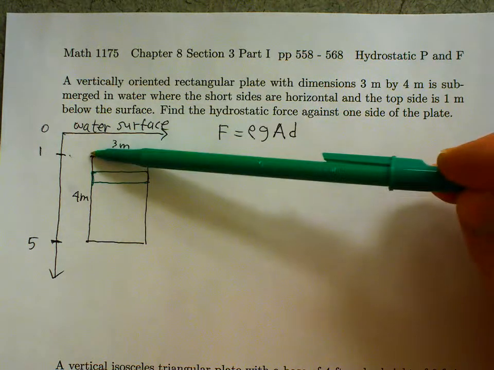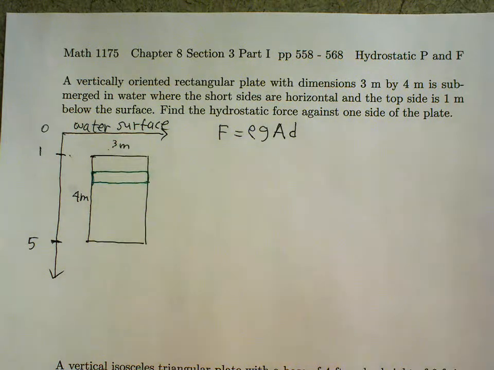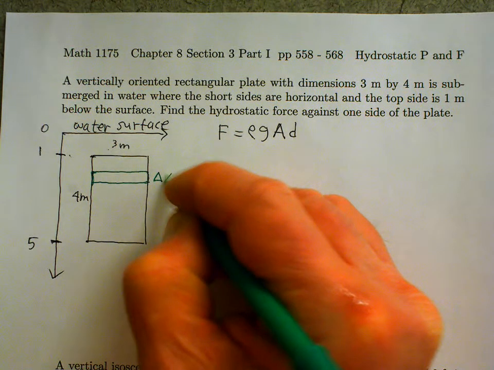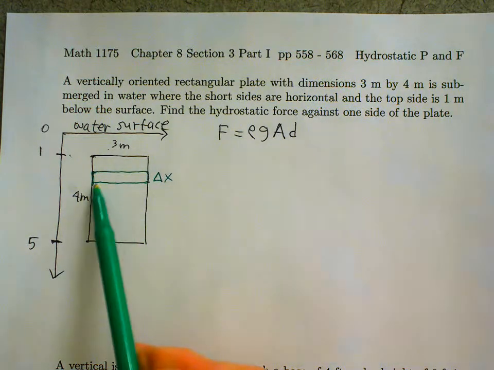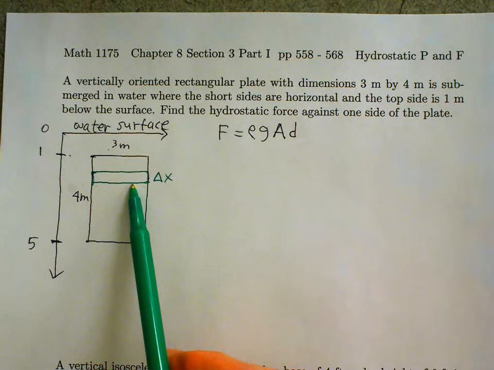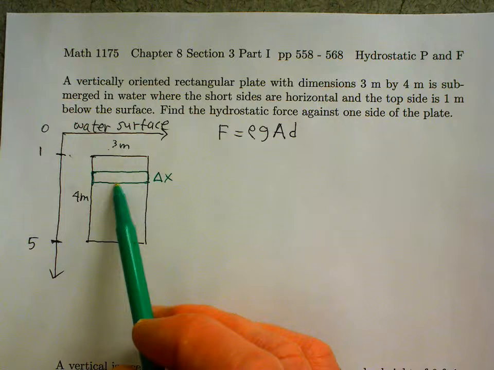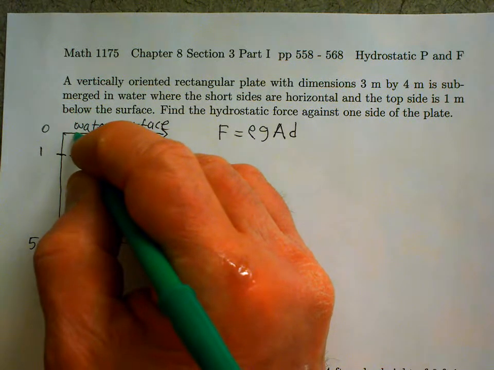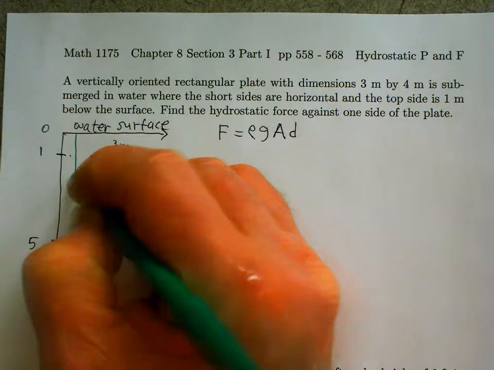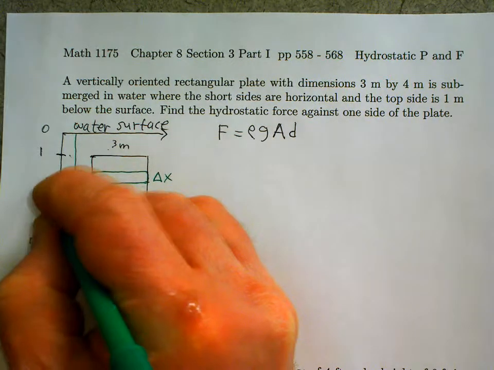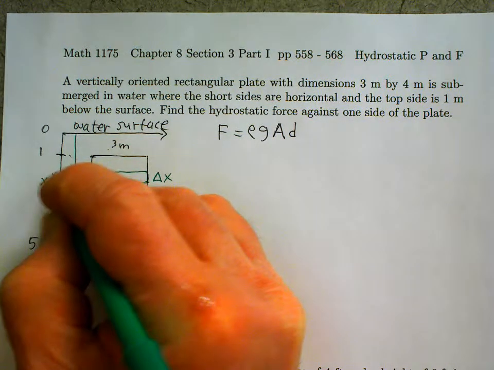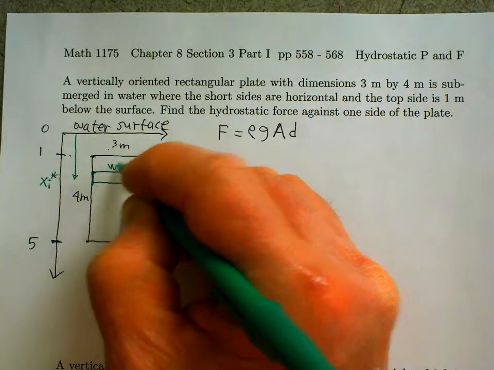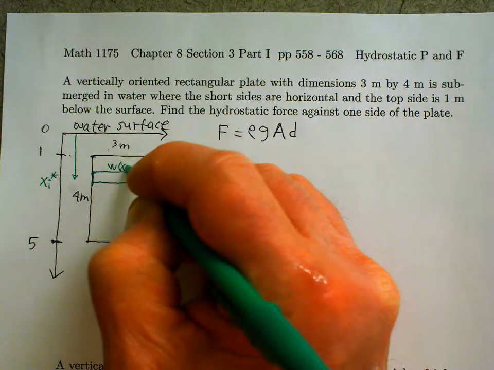Subdivide the interval from 1 to 5 into n subintervals of length delta x. And then we're going to find the area of these rectangles. So the depth, we'll refer to that as x sub i star again, and w of x sub i star.